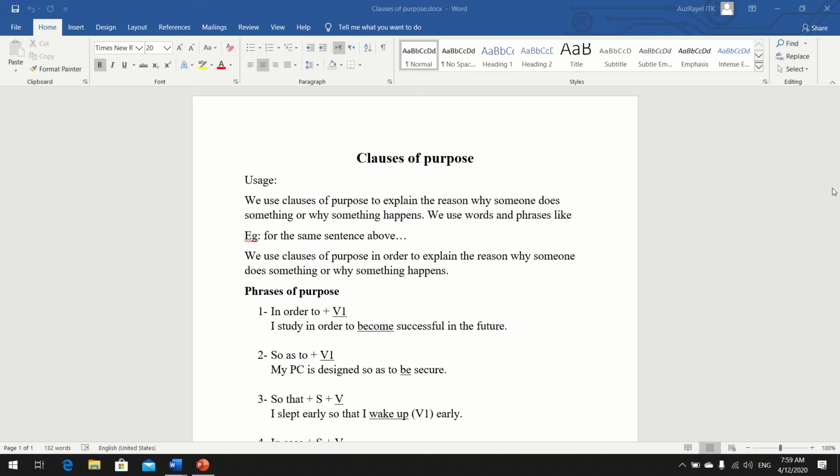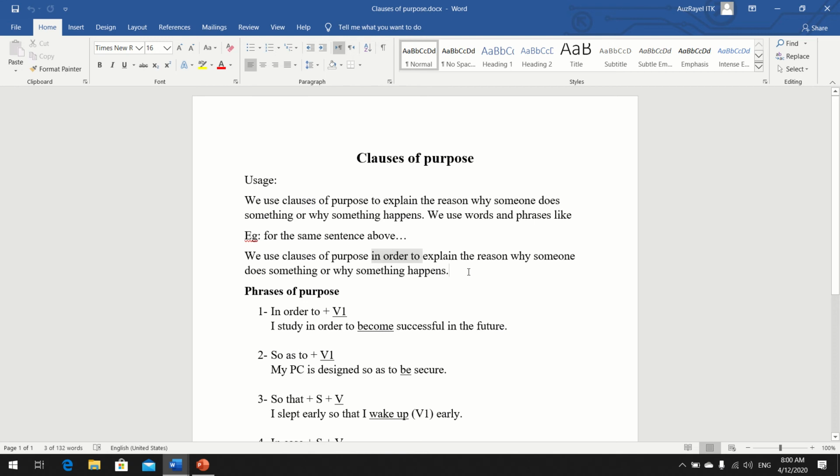So, for example, for the same sentence above, I will change some words in order to use clauses of purpose in the same sentence. So I can say, we use clauses of purpose in order to explain the reason why someone does something or why something happens.